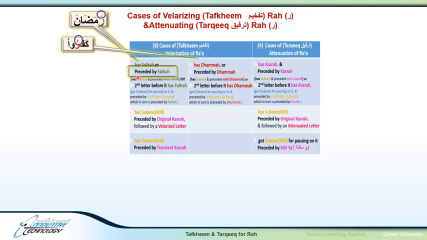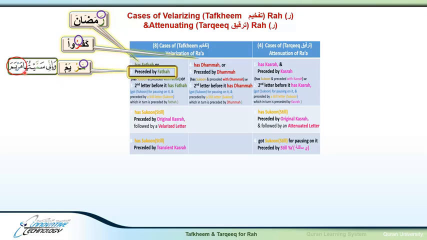Then it can be that the Ra itself doesn't have the Fatha, but the letter before it has a Fatha. Like here, the Ra has a Sukoon, but the Meem before the Ra has a Fatha. وإني سميتها مريم.